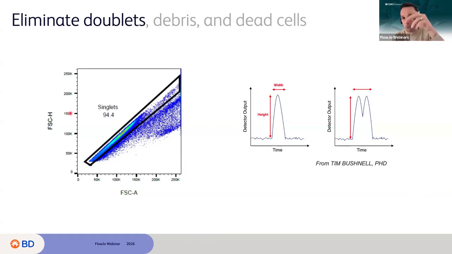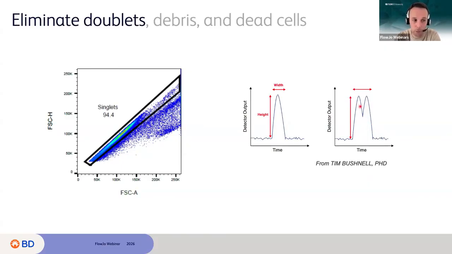when the first cell crosses the laser, the pulse is going to increase and go to the maximum peak. After that, when the first cell is going out of the laser, the next cell is coming in, so you're going back up, and when the two cells go outside the laser, you go back to baseline.